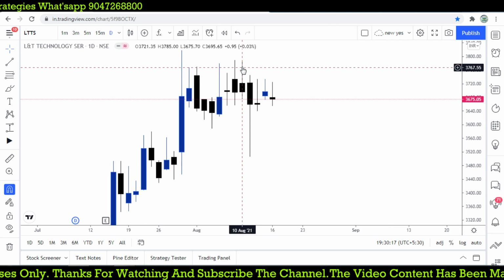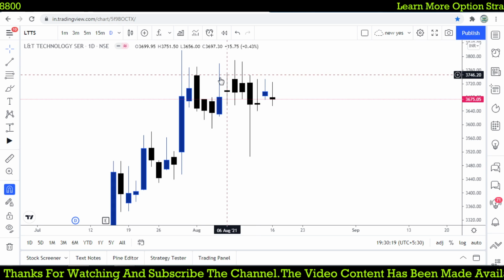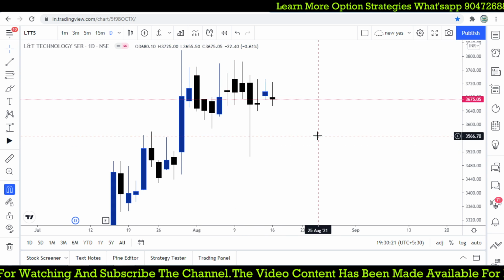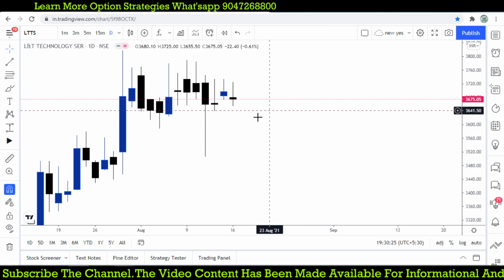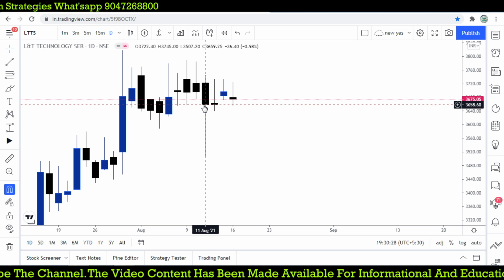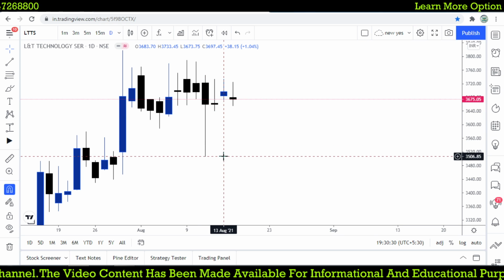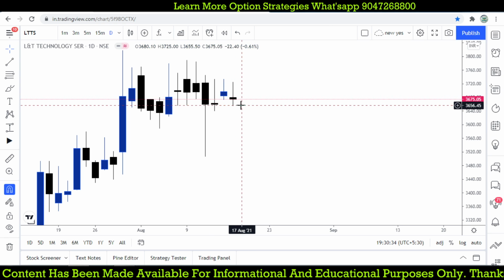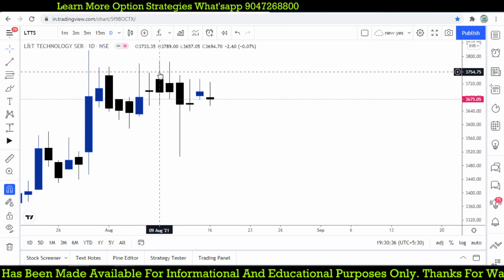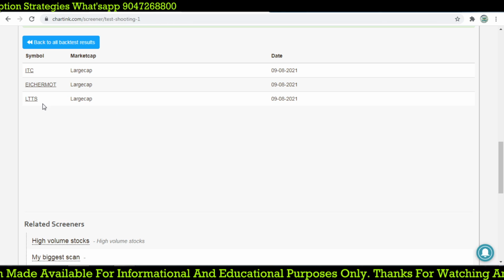Okay, so 9/8, this is the price, I think. Sorry, this one. So it does not look like a great reversal candle, so we may ignore. But even so, it broke below the low of 3658 and made a low of 3500, and it is still trading near about our entry price, because this does not look like a shooting star, so maybe skip.